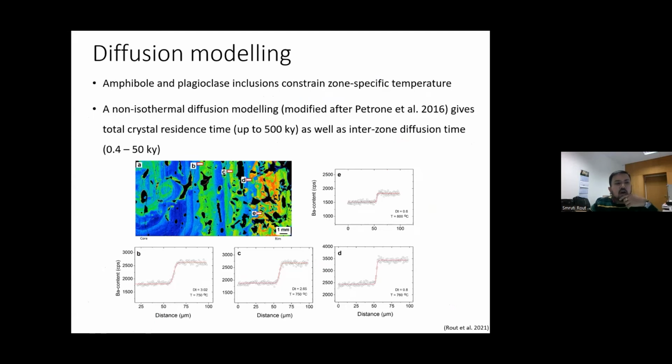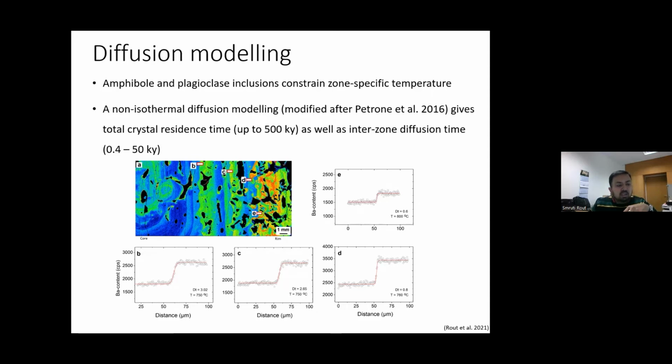And then we applied the diffusion modeling to the zone boundaries in these crystals. So we had zone-specific temperatures constrained by groups of amphiboles and plagioclase inclusions in each zone.